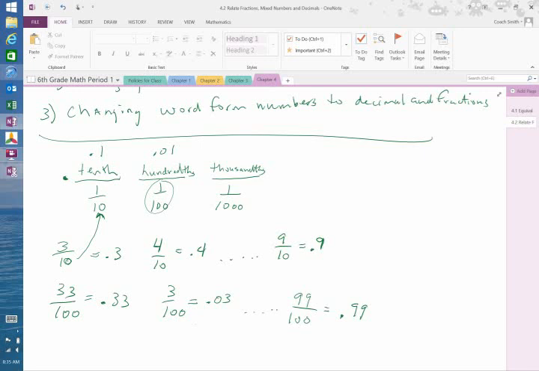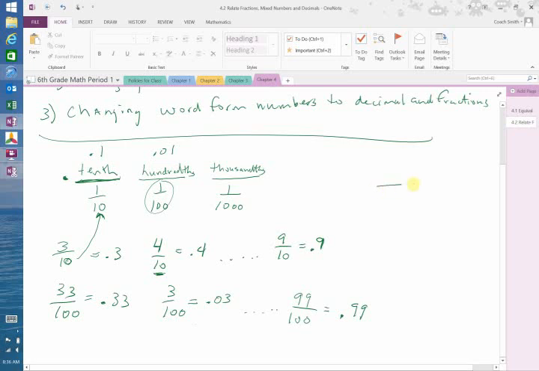How is there a difference between 4 over 10 and 3 over 100? Okay. The 4 over 10, that place value has to be in this first space. In other words, whatever this is, that's where our last digit has to be.